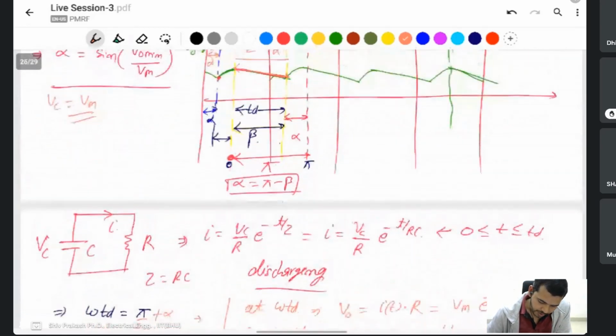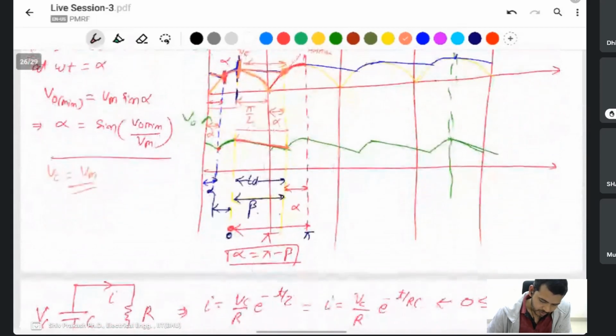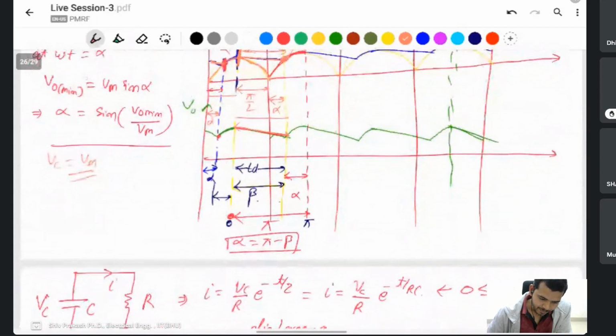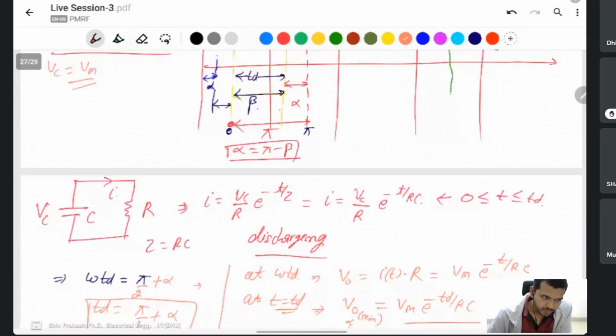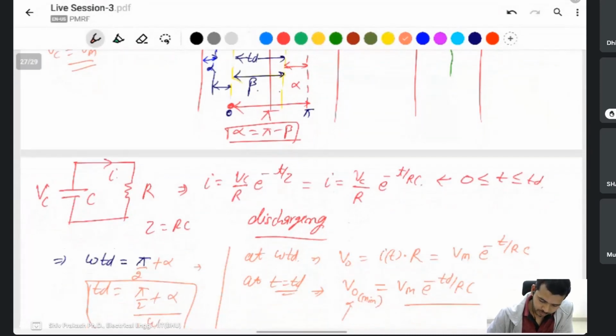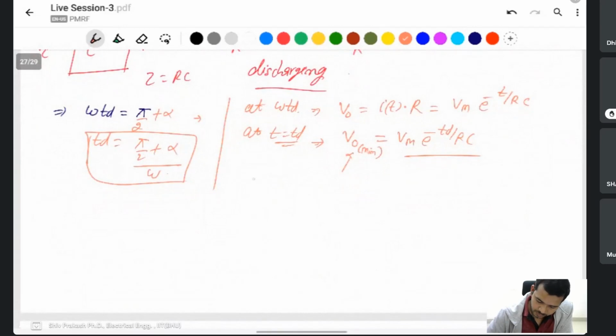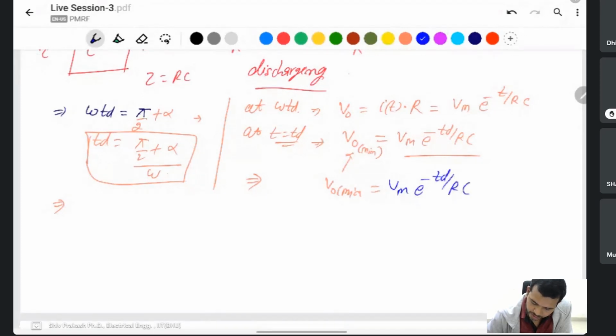And now you can also find V output minimum, Vm sin alpha, Td by RC, you can take ln.